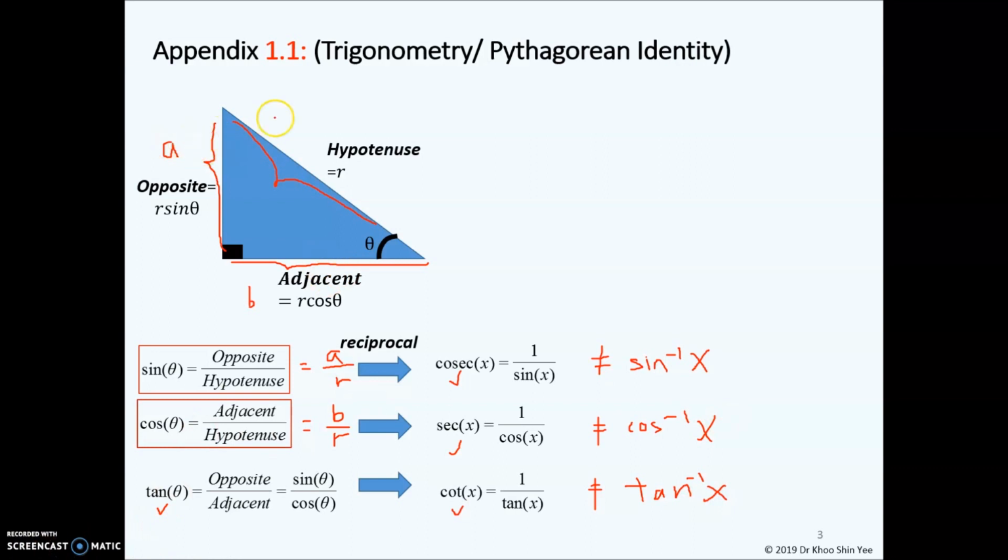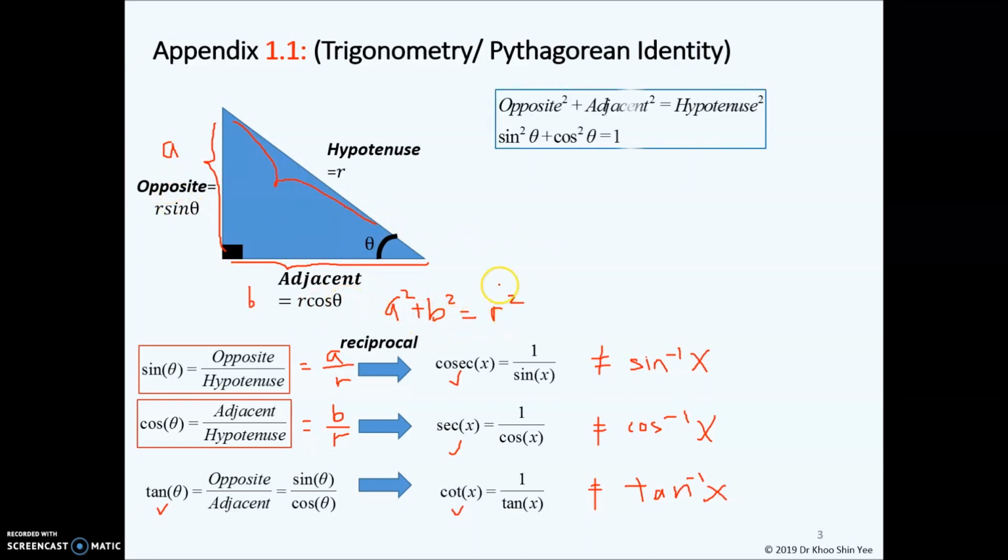Next, let's look at this figure where you should know a squared plus b squared is equal to r squared. Where your a is r sine angle, b is r cos angle. If you substitute these two into this formula, you should be able to get this answer. And this is one useful identity that we always use. If we divide this by cos square angle, sine divided by cos, you should get tangent.